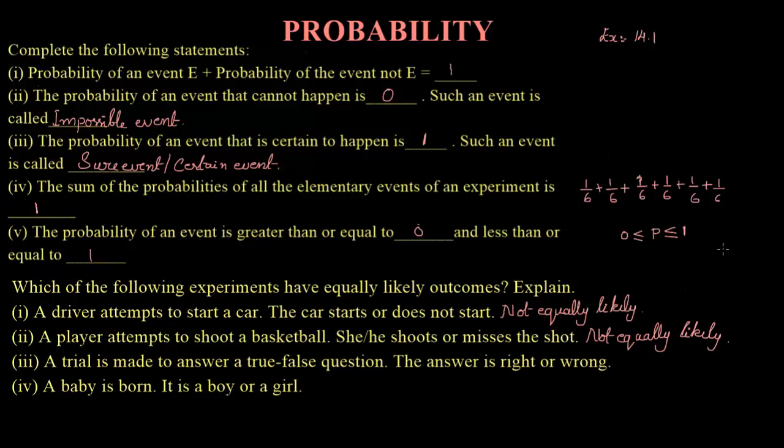Maybe 50%, right? Because 50% will be the probability of getting the answer true, and 50% will be the probability of getting the answer false, right? So this is actually an equally likely event, because there are equal chances of the answer being true or false.